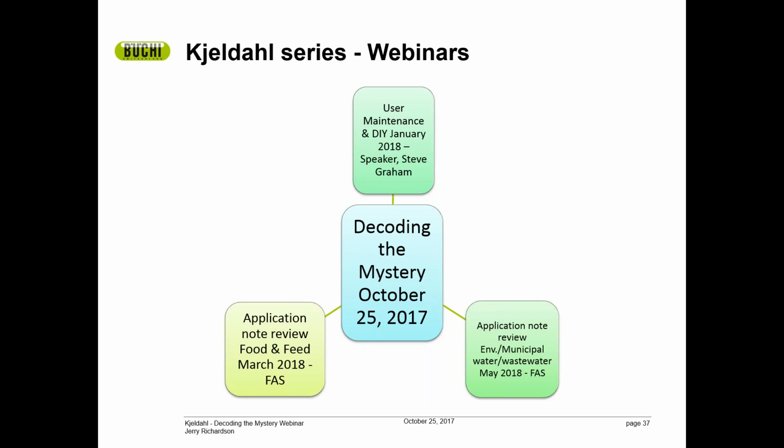The next in our series is going to be user maintenance and the do-it-yourself kits, so we're going to optimize systems from a physical standpoint and make sure that we're getting good chemistry time and again. And then lastly, we'll go through some application note reviews where we're literally looking at application notes for the variety of people, for the variety of industries that are out there.